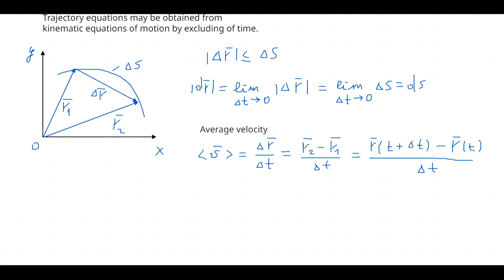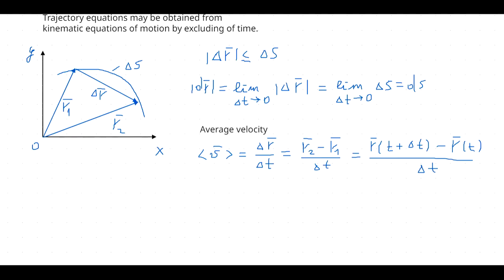So what can we say about average velocity? Sometimes it is useful, but sometimes not. What is the problem? The problem is velocity may be different in different time moments, and velocity may be different in different parts of the way that the material point passes.